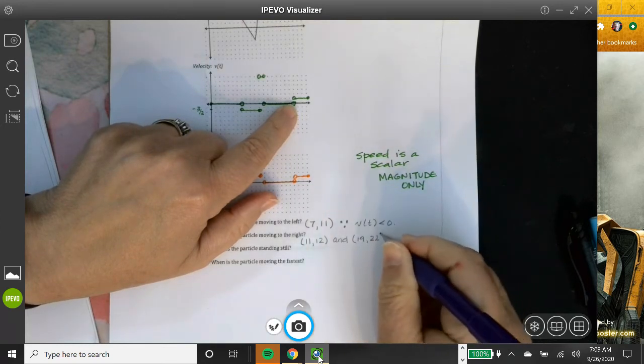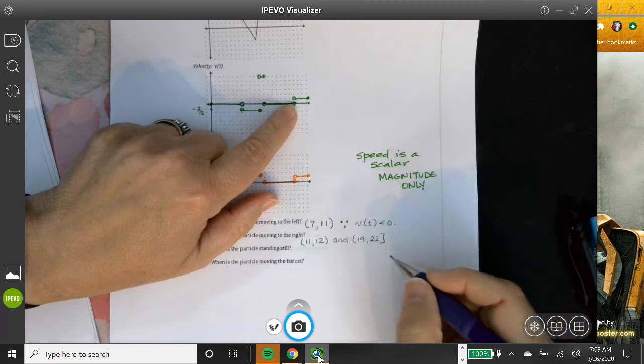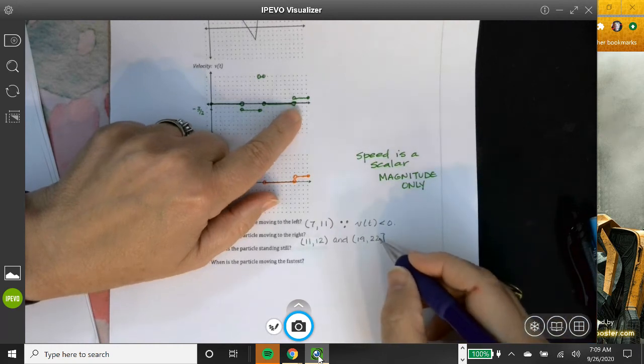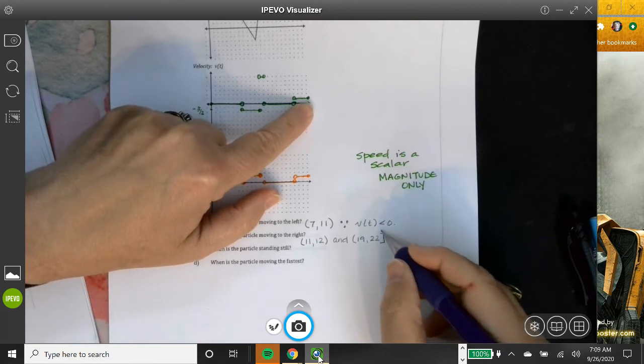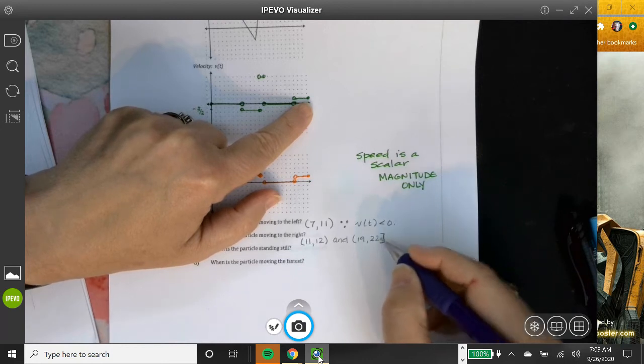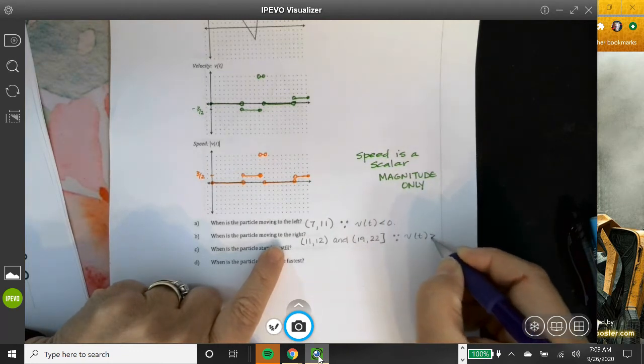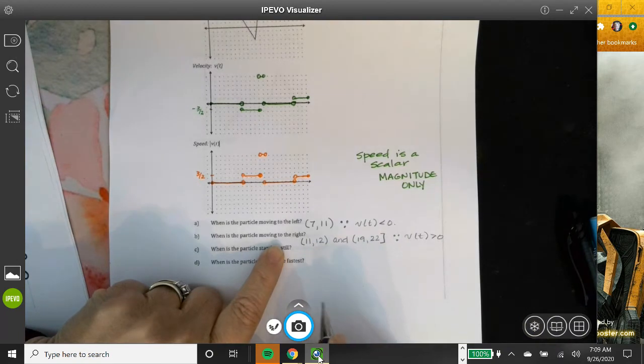Now, you can put a closed bracket or an open bracket here because we don't know what's going on to the right of this. So AP folks will accept either a bracket or an open parenthesis here. But how did we know our particle was moving to the right? Well, we knew that since the velocity was greater than 0, and that's our justification.